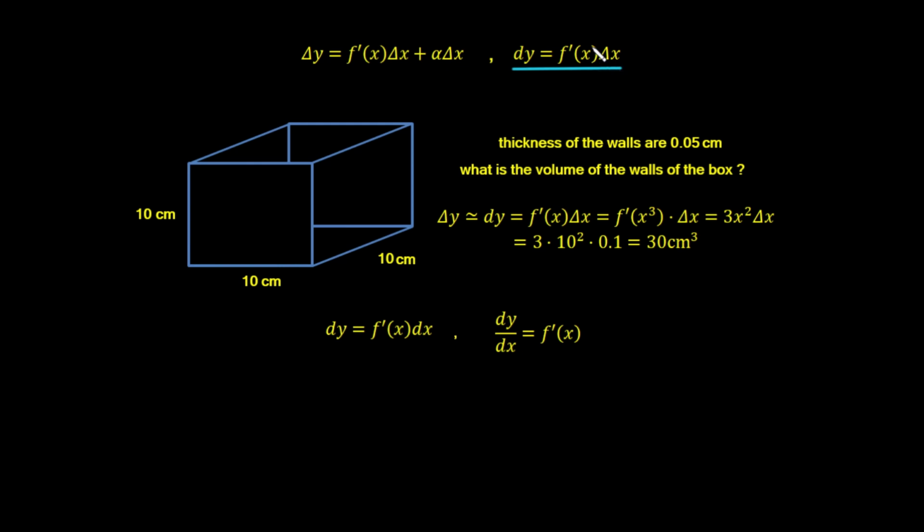Now we can replace this delta x here with the dx below if we say the dx here, like the dy, is a finite magnitude. So we can rewrite this as dy by dx is equal to f derivative of x, and this is our common way of writing our differentiation.